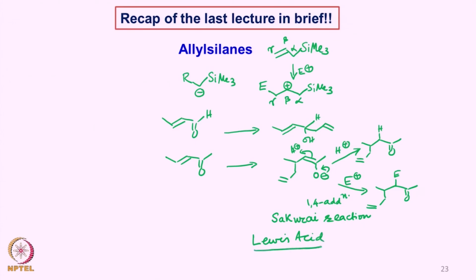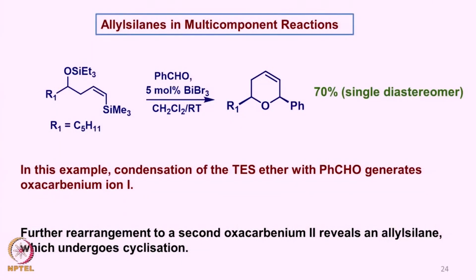So, now we look at some more aspects of this allylsilane based chemistry, and that is allylsilanes in multi-component reactions. For example, if we take this particular substrate, which is basically not an allylsilane, but a vinylsilane.